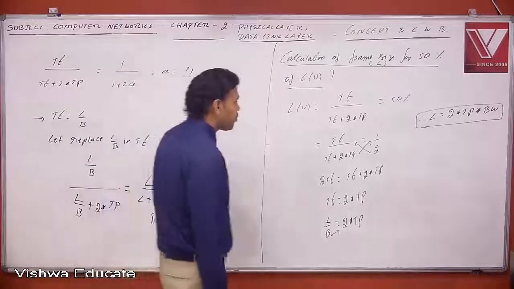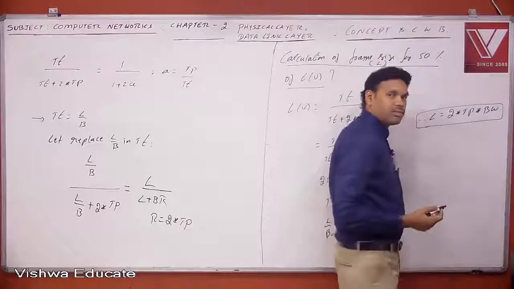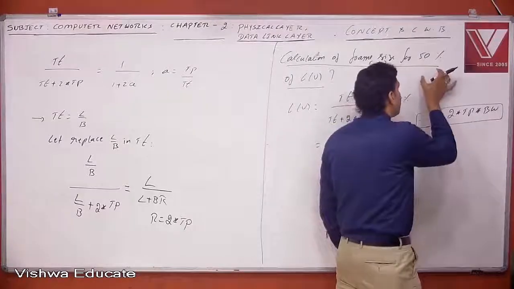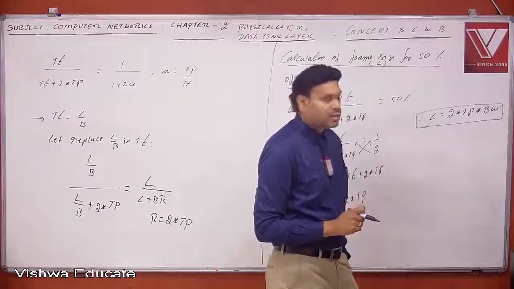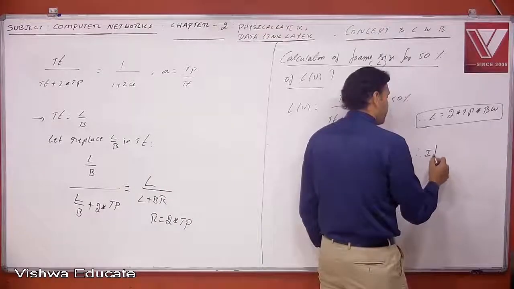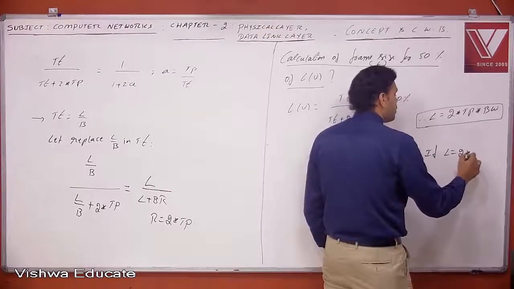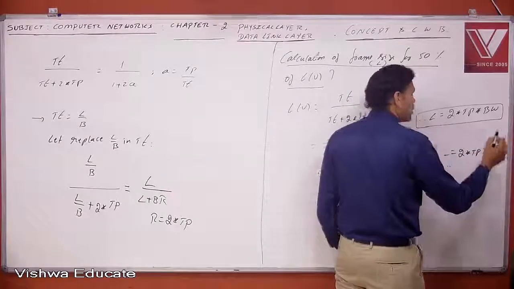Now, if I get this equality, then automatically you make your efficiency equal to 50% only. Okay, friends? That means if L equals 2 into Tp into bandwidth, your efficiency is 50%.